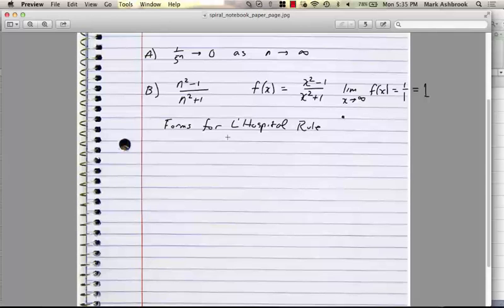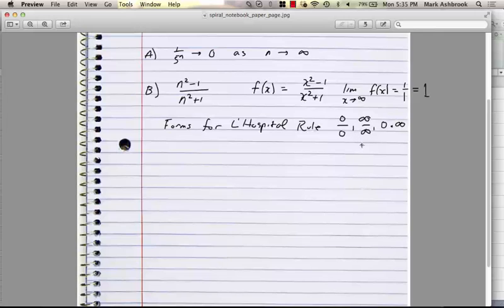Okay, 0 over 0. Infinity over infinity, 0 times infinity. I think there's one more. Can't remember. But basically, if you can set up a ratio, you're going to either have 0 over 0 or infinity over infinity in terms of your limit. That's when you can apply L'Hopital's rule.